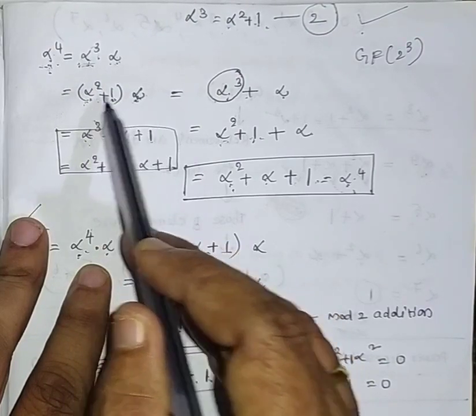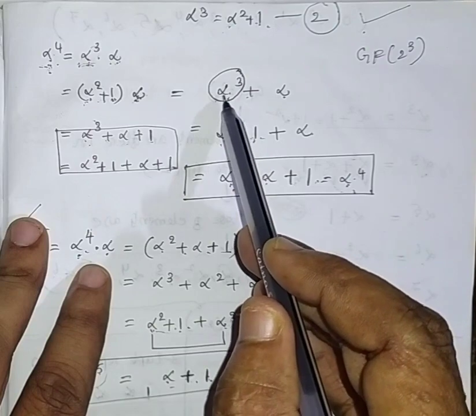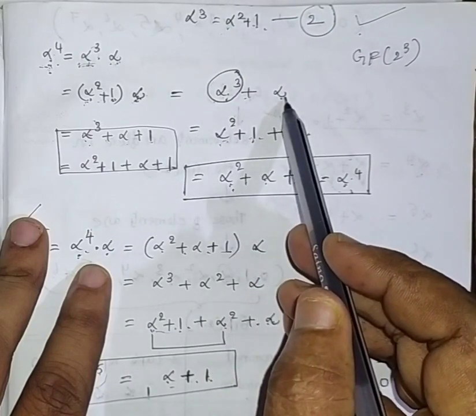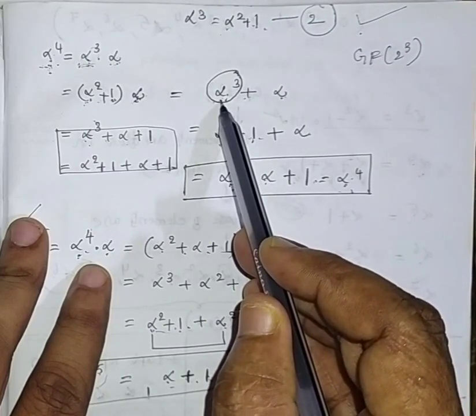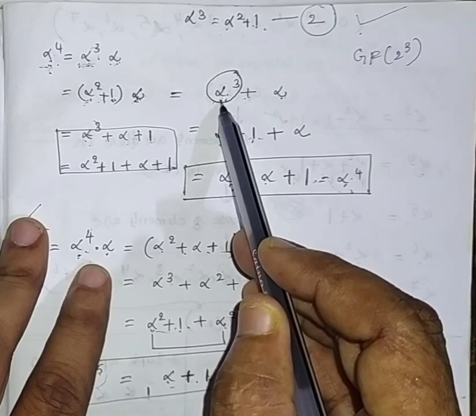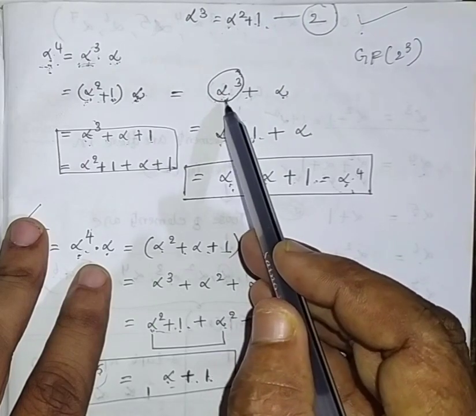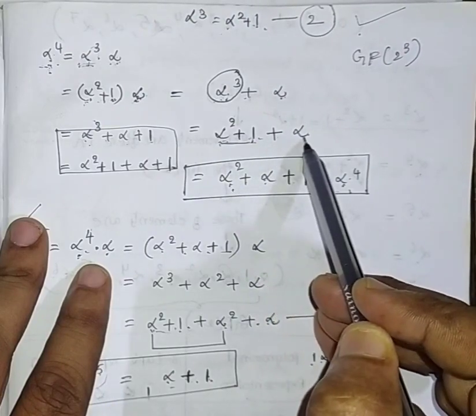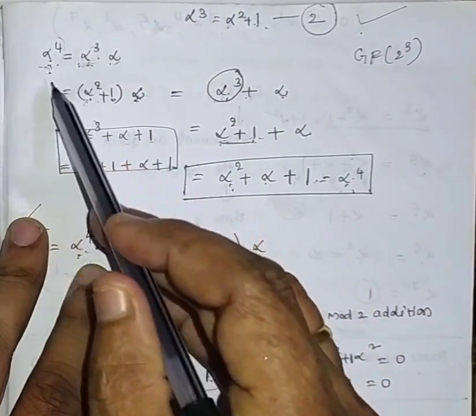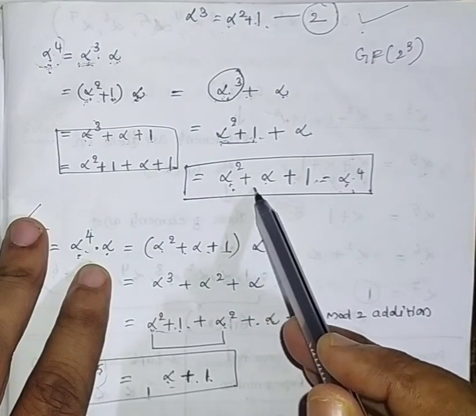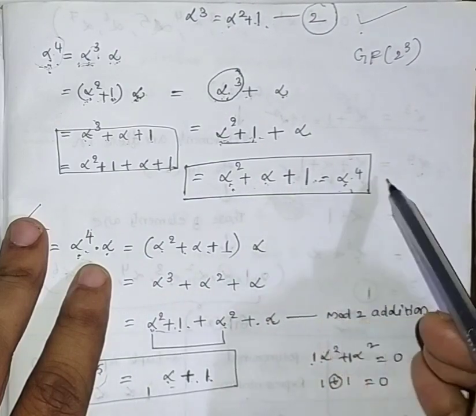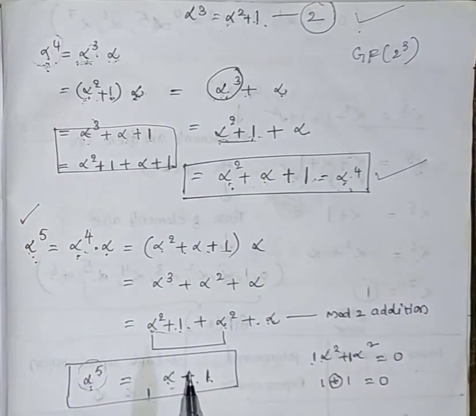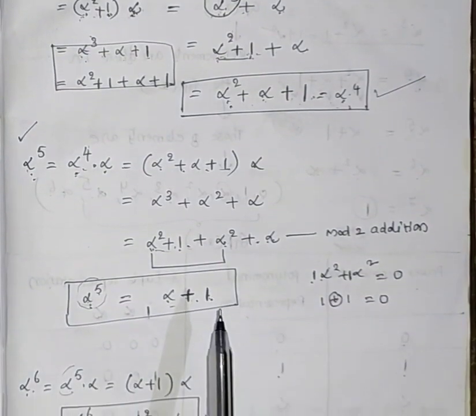Upon multiplication we will obtain alpha cube plus alpha. So again substitute the alpha cube value from equation number 2. That value is alpha square plus 1 plus alpha. So finally alpha power 4 is equal to alpha square plus alpha plus 1, and this is the value of alpha power 4, right?